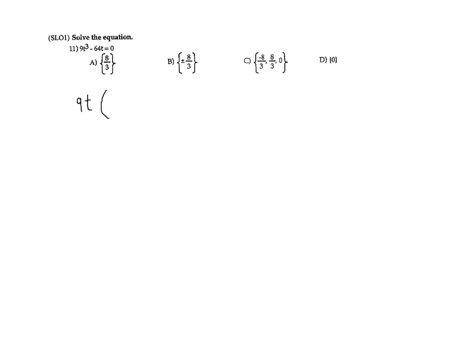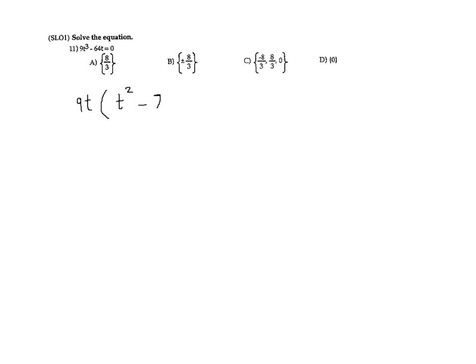Open the parentheses. Ask myself, what times 9t gives me the first term? So it looks like it would be t to the power of 2, or t squared. And then I put minus, what times 9 gives me 64? 7. And then that's it, right?